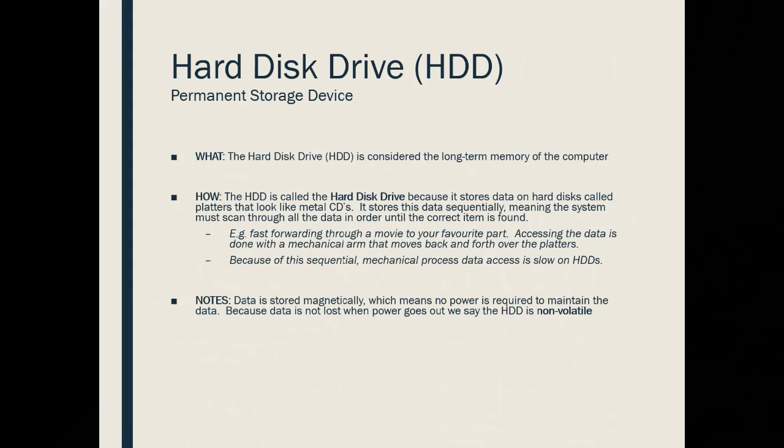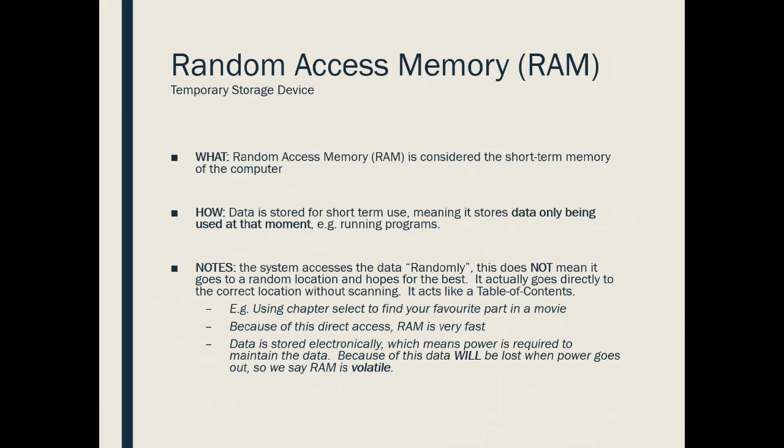So this is our long-term permanent storage, which leads us into our short-term, temporary storage. This is like your short-term memory in your brain, whereas the hard disk drive is the long-term memory. Random access memory, or RAM, which is a very big misnomer, is meant for short-term memory.